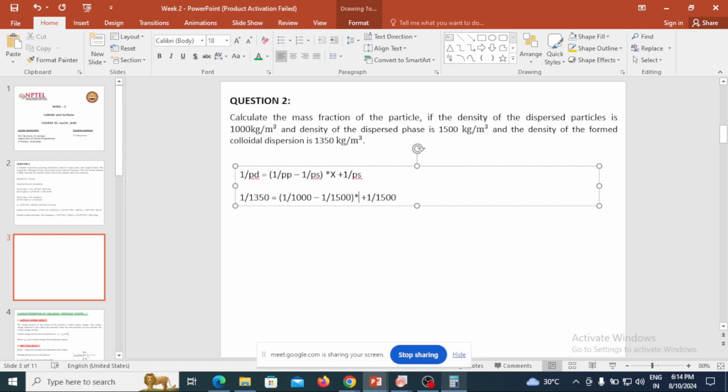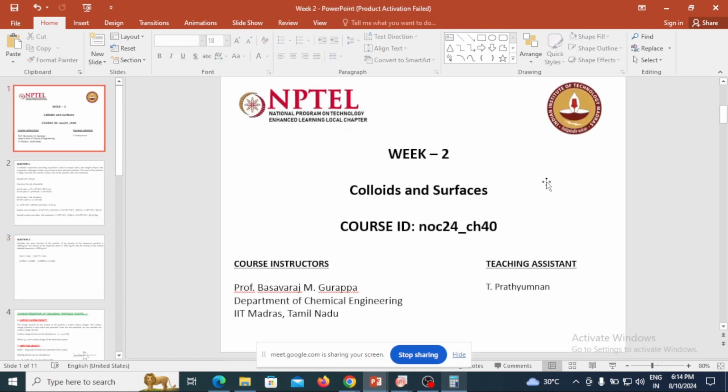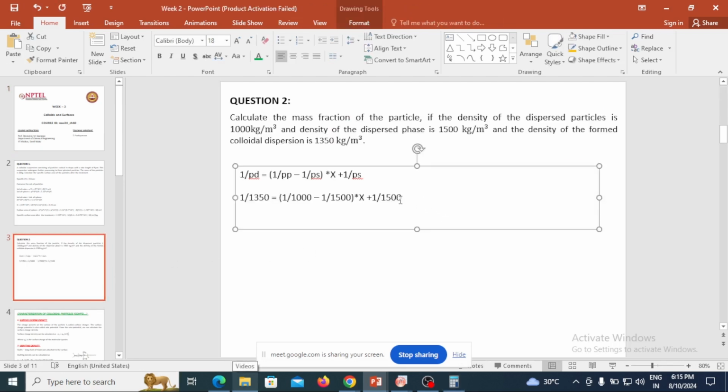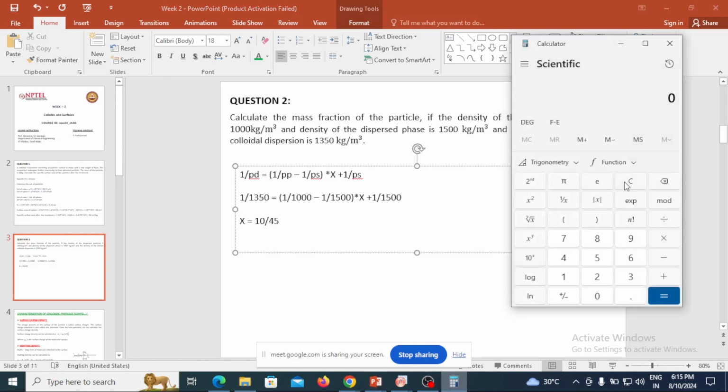So here you are supposed to calculate the mass fraction of the particle. If you solve for this fraction, x is equal to 10 by 45, so that will be approximately 0.22.